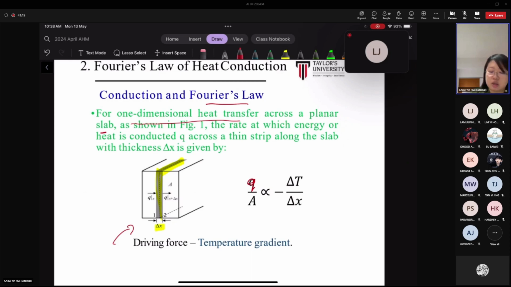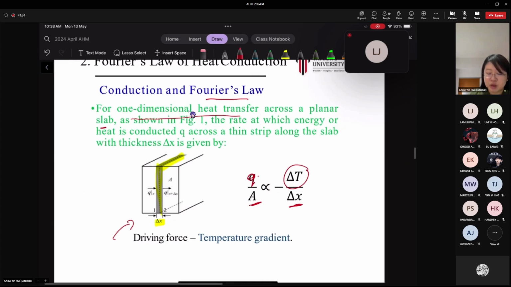The rate of heat transfer is proportional to the temperature difference and to the area, but inversely proportional to the thickness of the slab. So if the area is larger, you have more effective heat transfer, and the larger the temperature difference, the higher the rate of heat transfer.